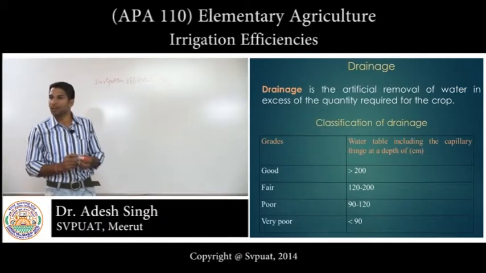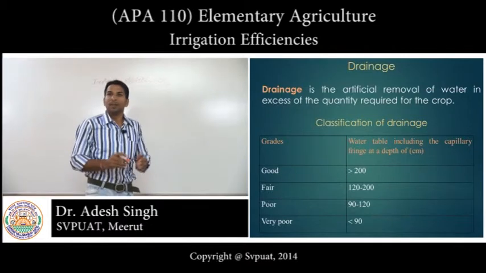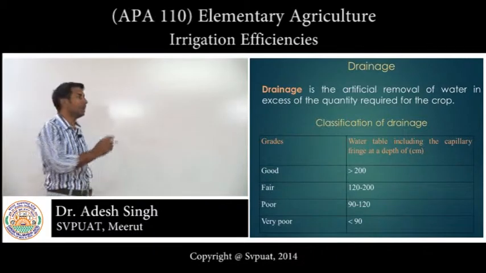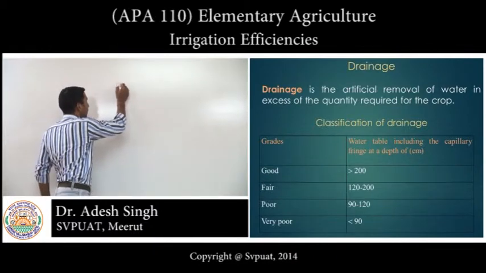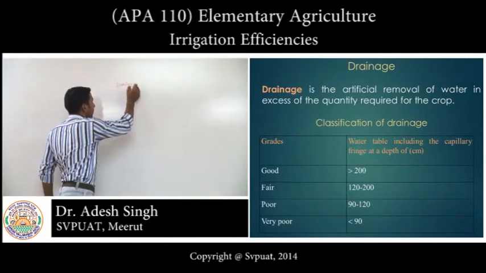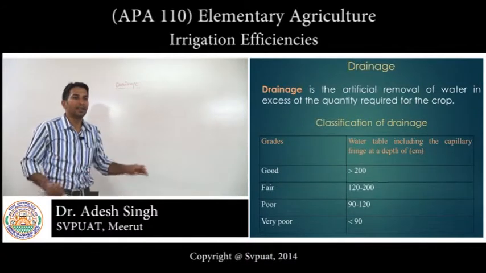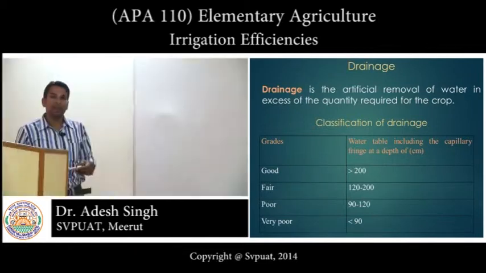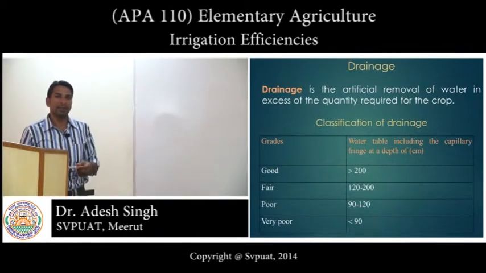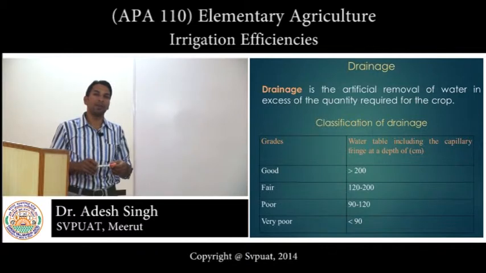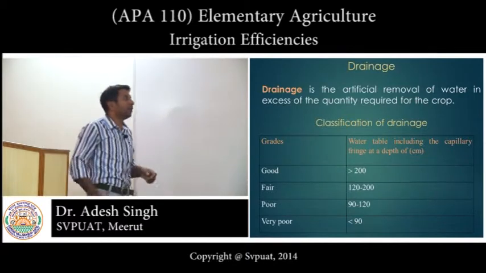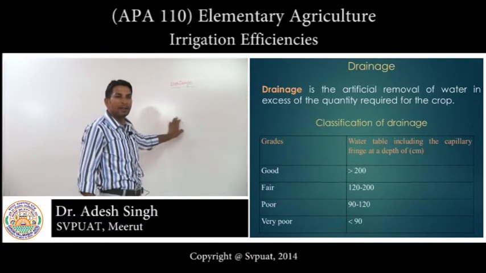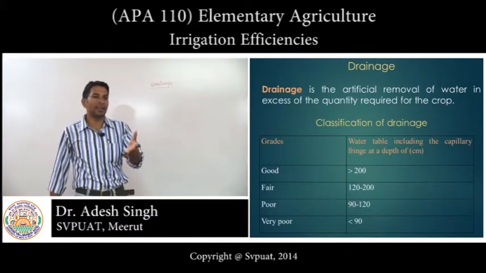Another important aspect of irrigation water management is drainage, or you can say agricultural drainage. So drainage is the artificial removal of the water in excess of the quantity required for crop growth, because whatever water is applied for irrigation, there may be excess water.